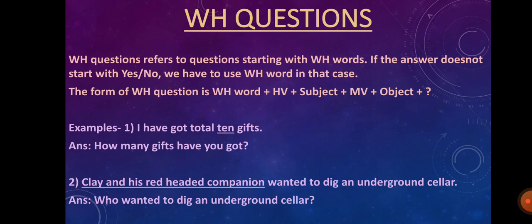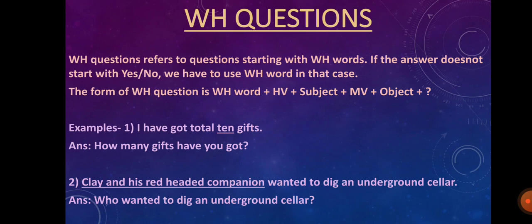Who wanted to dig an underground cellar? So the answer will come as Clay and his red-headed companion. So this is all about WH question. Whatever words are underlined, we have to frame such a question that the answer should be the underlined word.